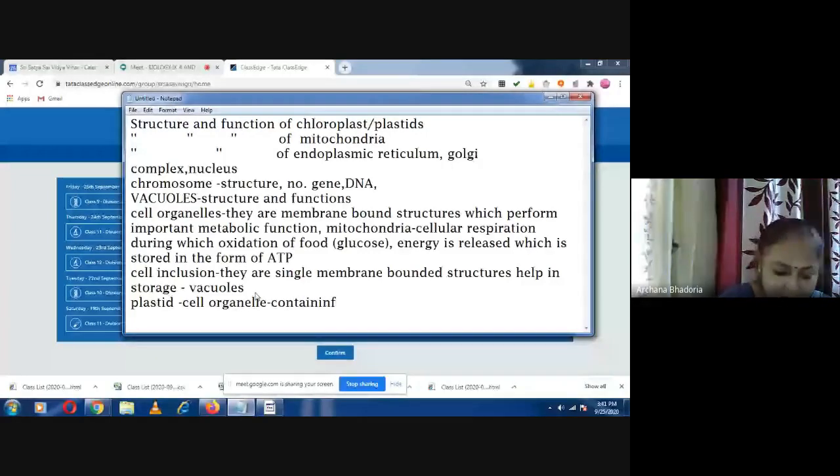It contains the pigments. Now when I say pigments, pigments are of different types. So now understand the types. Okay, now what are the types of the pigments, which can be colored or colorless?